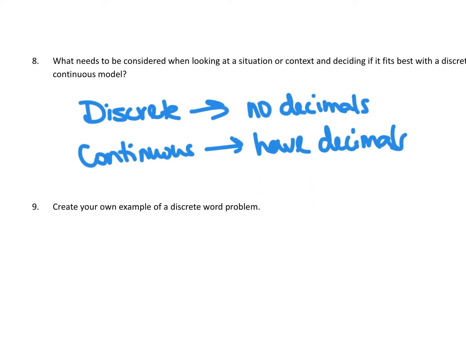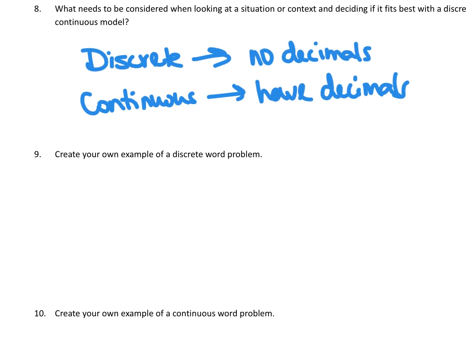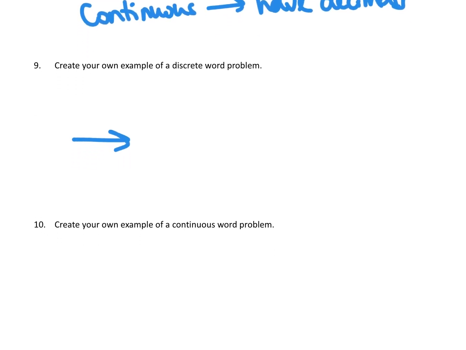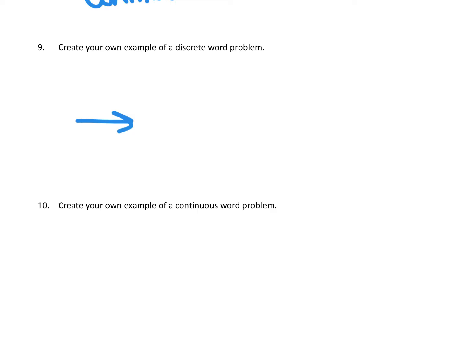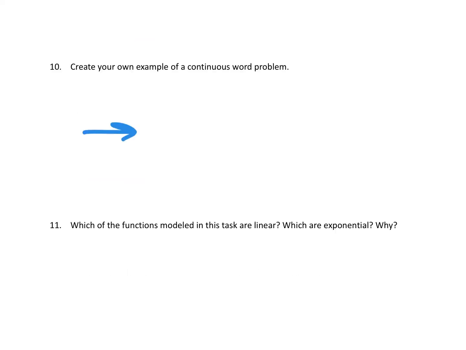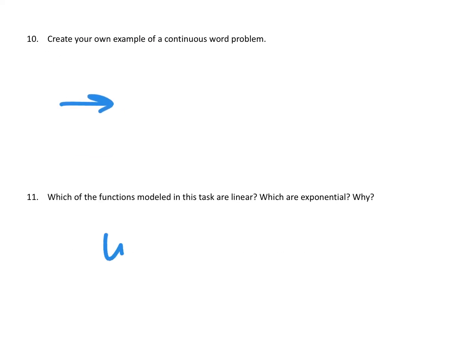All right, create your own example of a discrete word problem. That's up to you. Create your own example of a continuous word problem. Again, up to you, so I'm not going to fill that in. You come up with your own. Which of the functions modeled in this task are linear, which are exponential? Number 11.